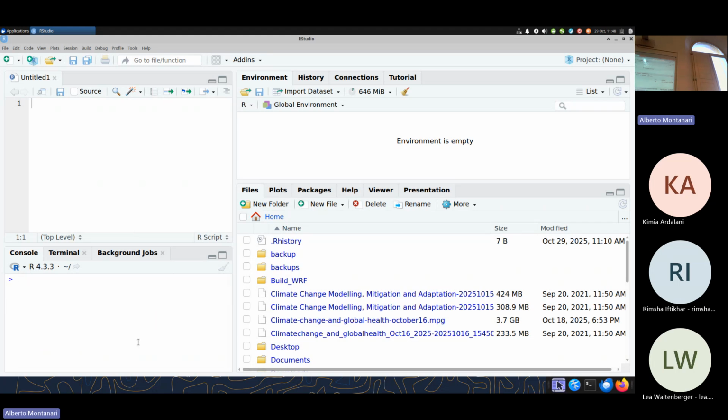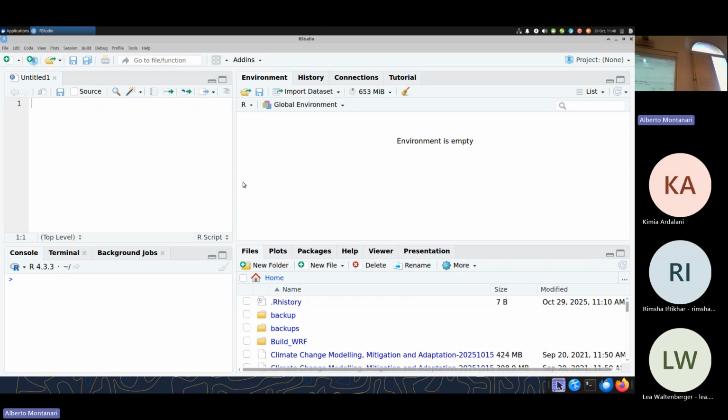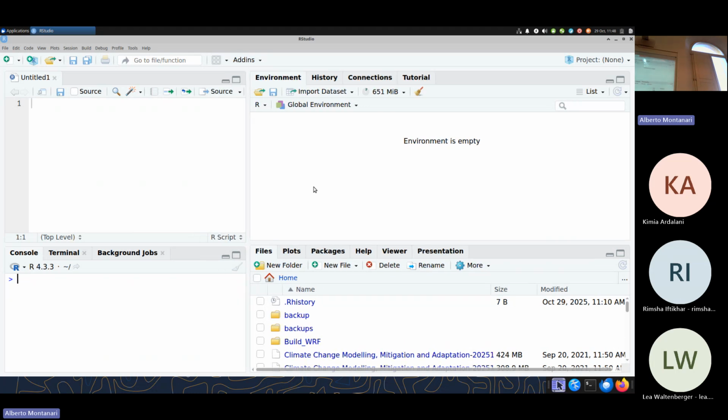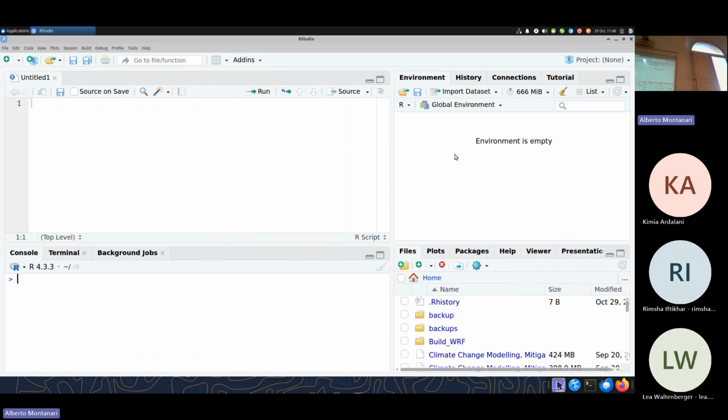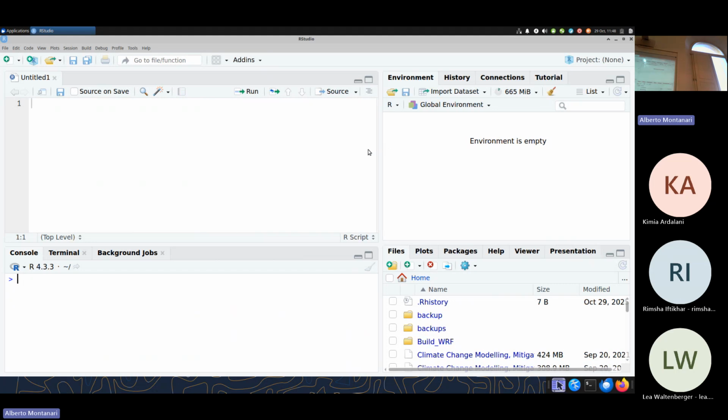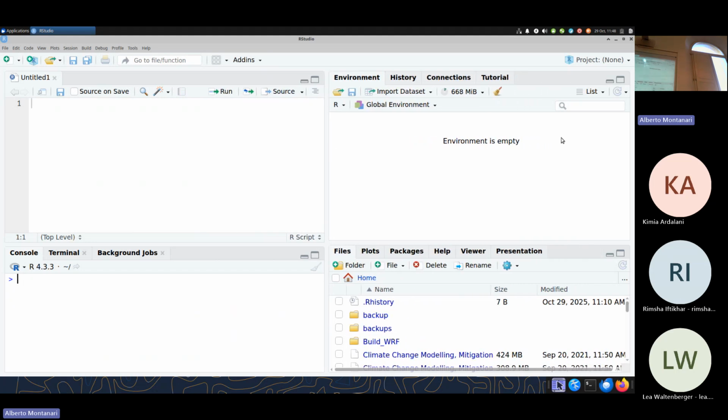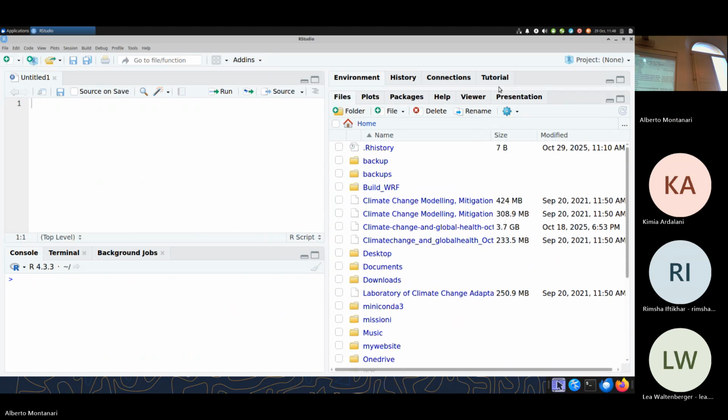I can just press Control F and clean it. And then there are the other two windows here. Just keep in mind that you can shape the windows as you like. For instance, if I'm not interested in the environment, I can just switch it off, or minimize it.